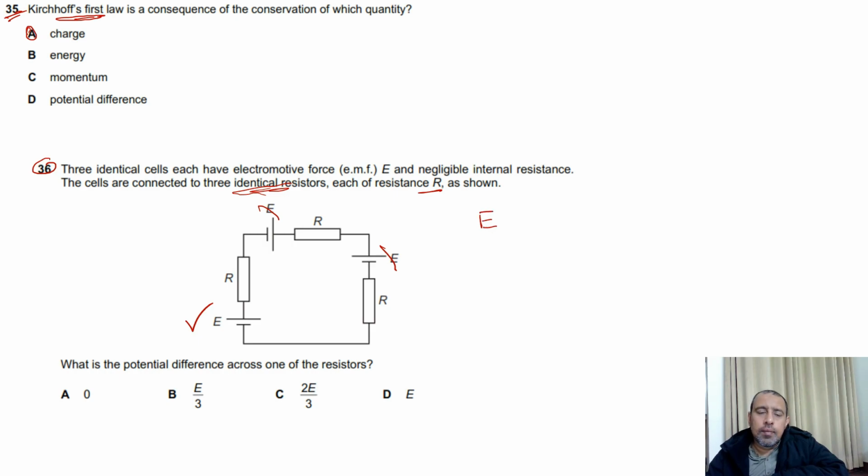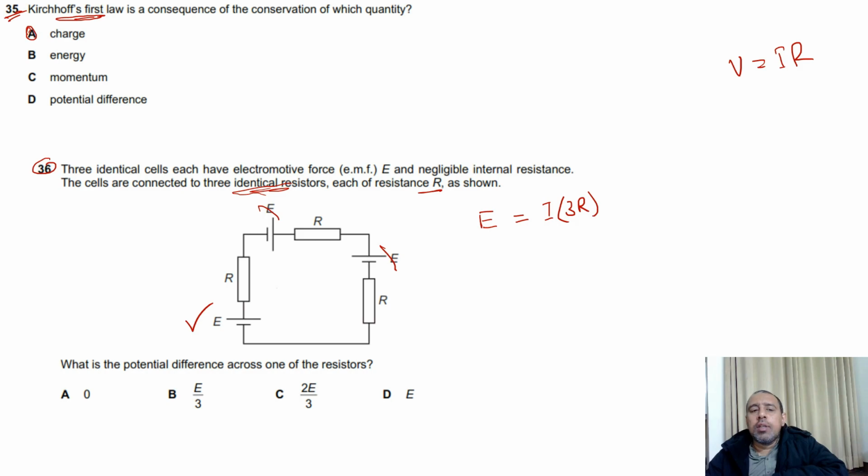E is equal to the voltage across these resistors. They are in series, that's why their combined resistance is 3R, and the voltage V is equal to IR, which means I into 3R.